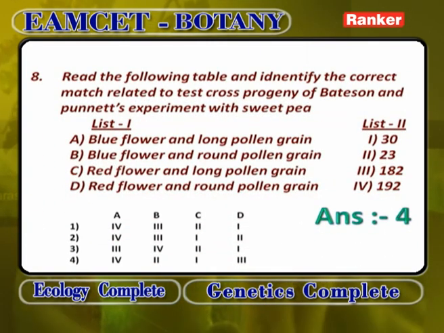Now read the following table and identify the correct match related to the test cross progeny of Bateson and Punnett's experiment with sweet pea. Bateson and Punnett's test cross experiment is nothing but linkage.